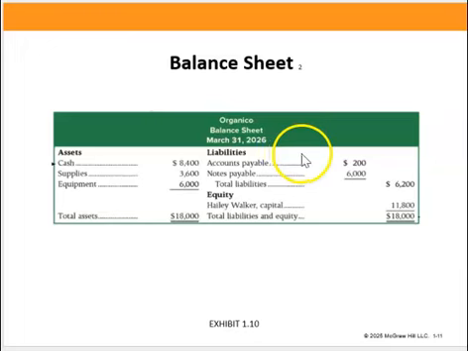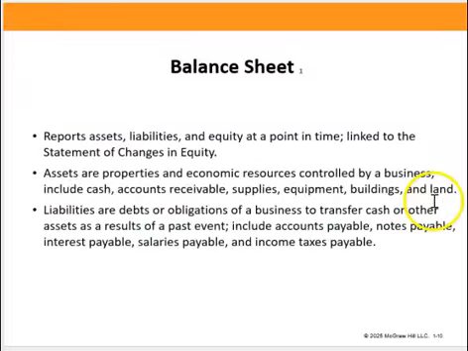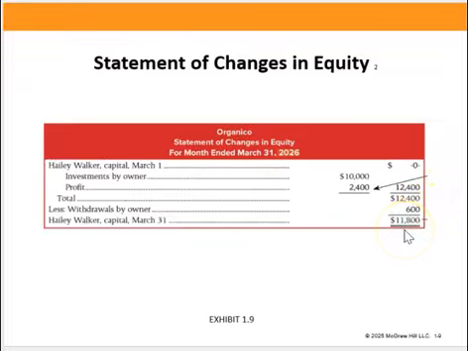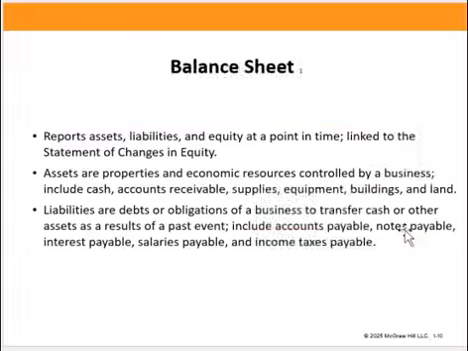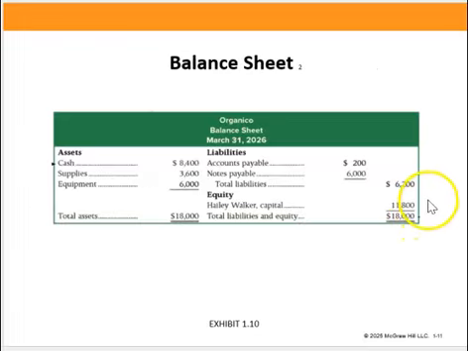We have liabilities. We've got our accounts payable, we've got our notes payable. Those two added together gives us the $6,200. We bring in our $11,800, remember from our statement of changes in equity. So we link that down here, add those two together, and that gives us our $18,000. So our balance sheet balances.